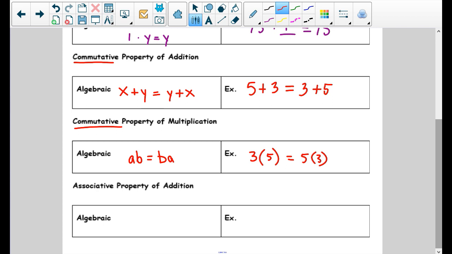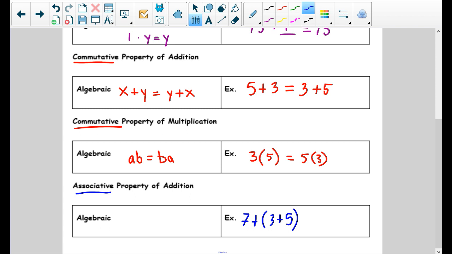Last one then is associative. Okay. So the associative property, what's it mean to associate? Yeah, who you like talking to. So an example here, and this is a property of addition, would be if I had 7 plus 3 plus 5.